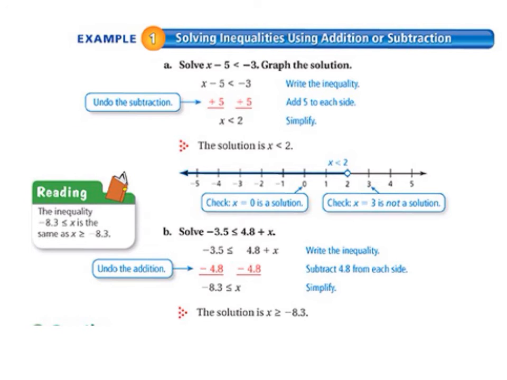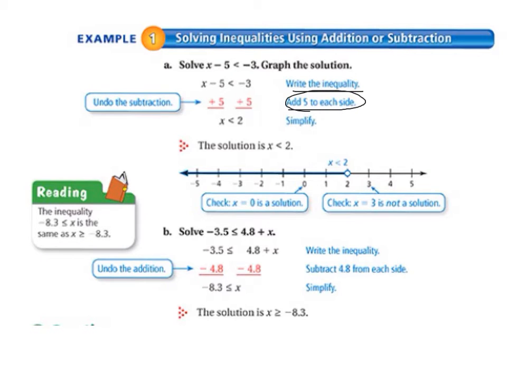Now let's look at example 1, solving inequalities using addition or subtraction. Letter A asks us to solve x minus 5 less than negative 3 and to graph the solution. First, we write the inequality, then we undo the subtraction by adding 5 to each side.